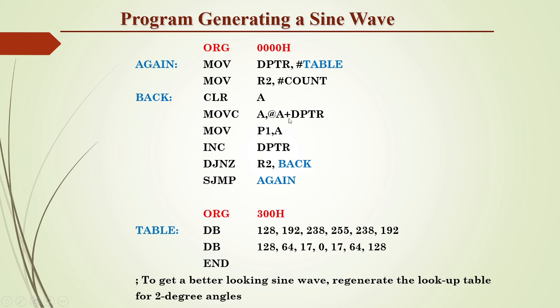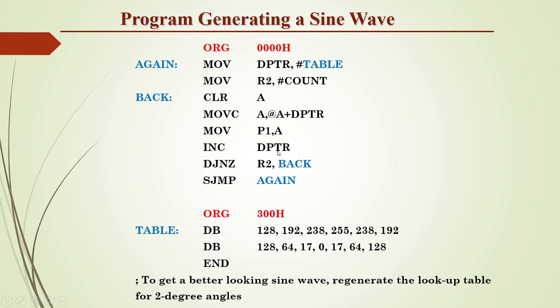So we get A plus DPTR equal to 300H, and as the pointer is given, this will load the content of address 300H into the accumulator, and the content of the first address is 128. So this first value will be sent to the DAC using the instruction MOV P1, A.